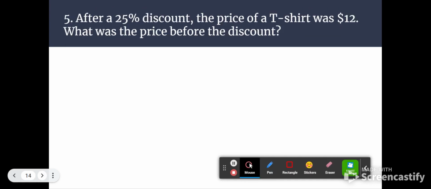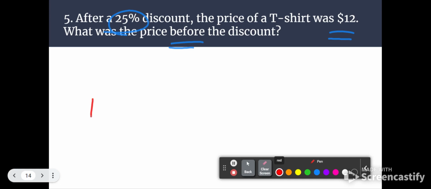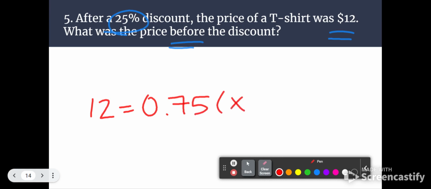All right, number 5. After a 25% discount, the price of a shirt was $12. What was the price before the discount? So I want to know what my original price was. So you're trying to figure out what percent of the price did you pay? You paid 75%. So $12 is my new. 75% is what I paid times my original price. Right?